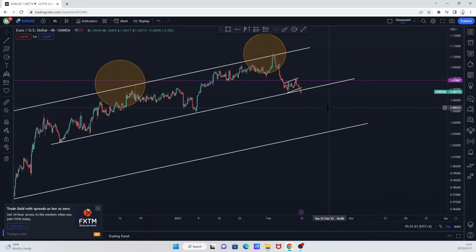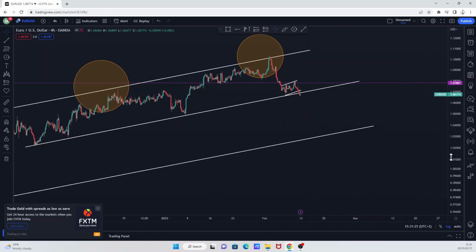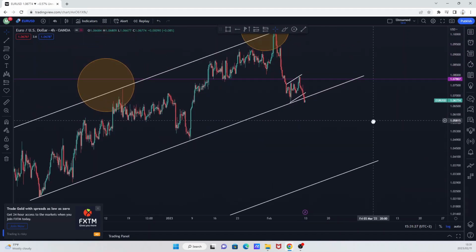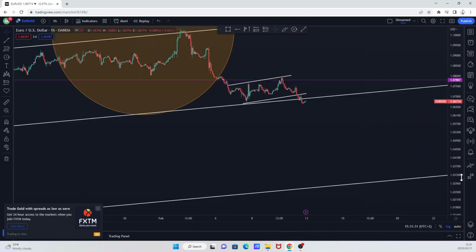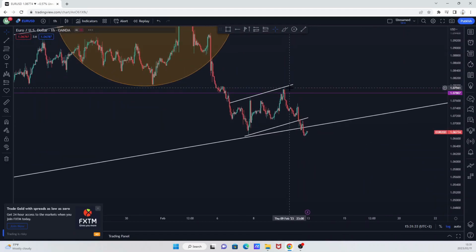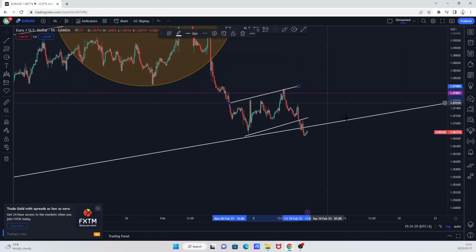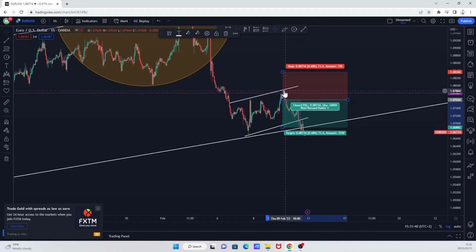Maybe what you could have done, if you would have seen this earlier, let's go to the 1 hour time frame, you would have entered here, because after testing this area, this key level and this trend line, we're seeing momentum to the downside. We're seeing this bearish momentum candle being formed.